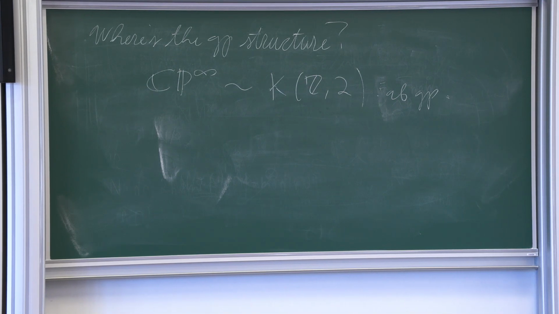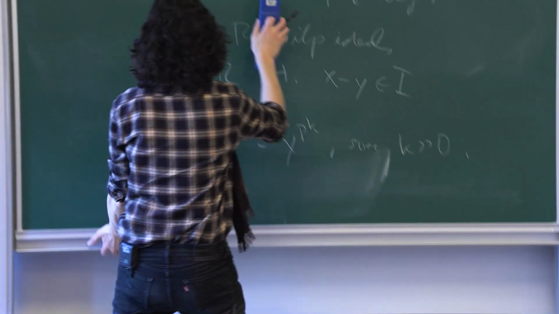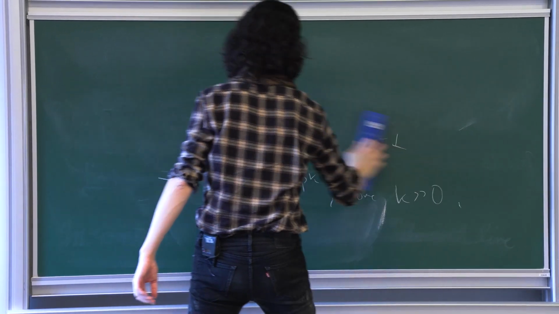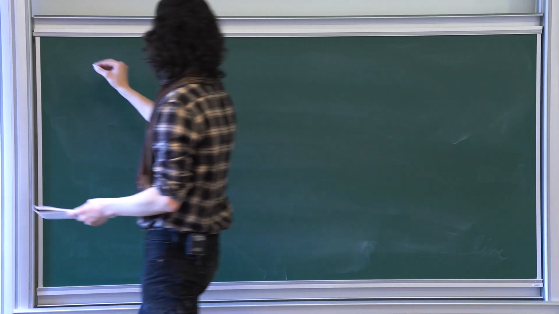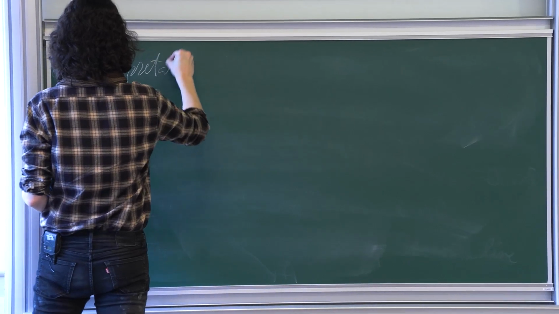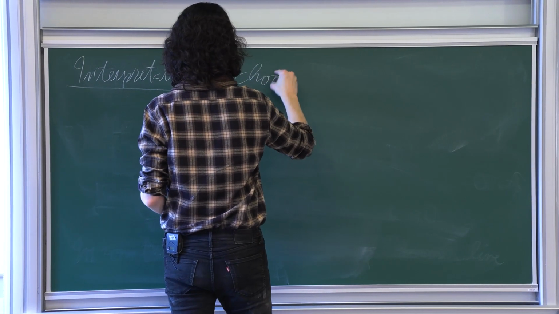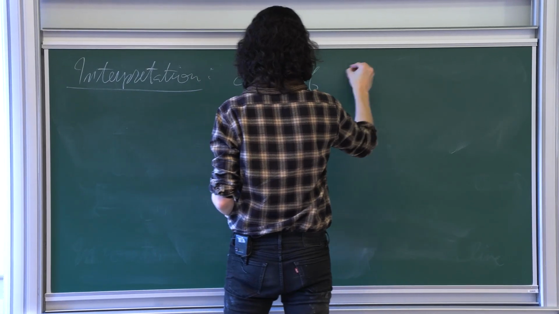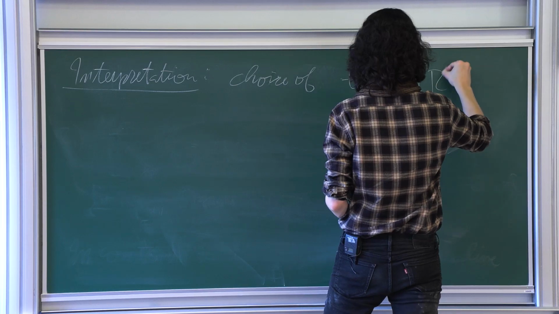So there's an interpretation of this: a choice of coordinate t, and that coordinate will live in the R cohomology of CP infinity.